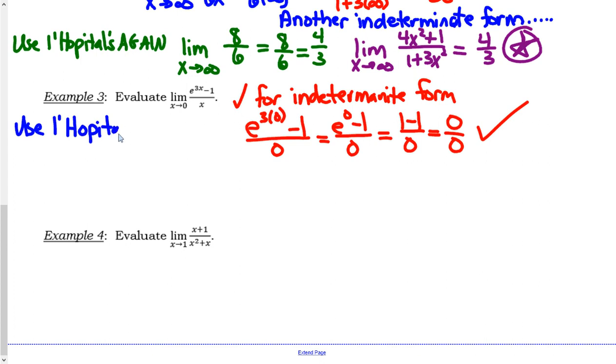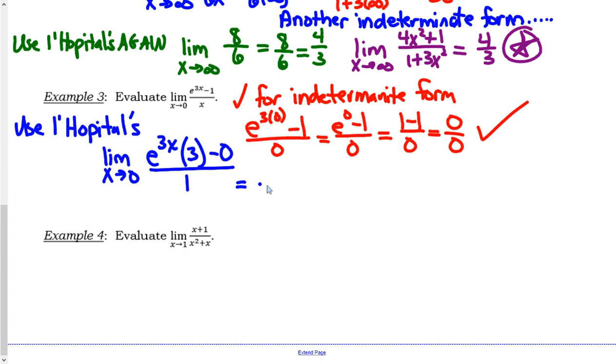And again, you don't need to write this down every time, but I do need to see that check for the indeterminate form. So now we're taking the limit as x approaches 0. And the derivative of e raised to the 3x is e raised to the 3x times the derivative of the inside, times 3, minus 0. And that is all over the derivative of x, which is just 1. So now let's see if we can evaluate that.